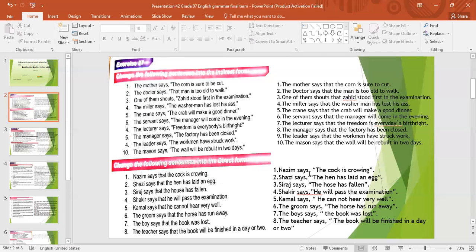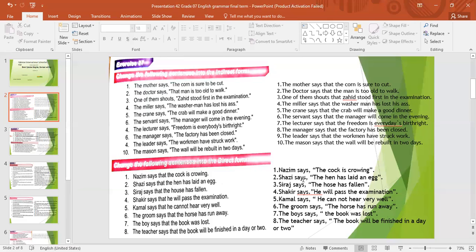Nazim says, "The cock is crowing." So here in these inverted commas, it is direct speech, and this is the reporting verb, which is outside the inverted commas. Shazi says that the hen has laid an egg.